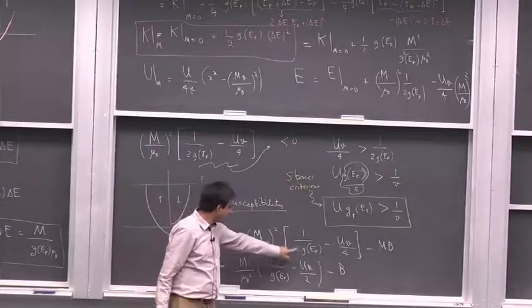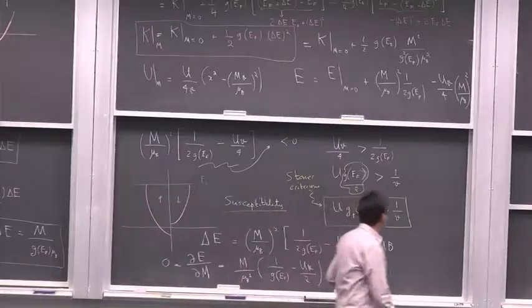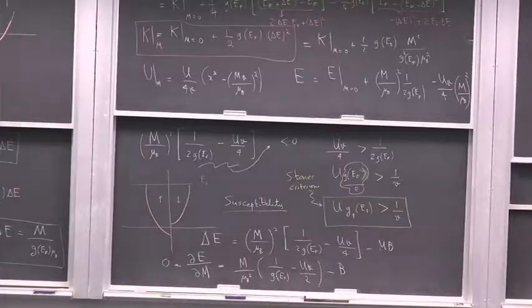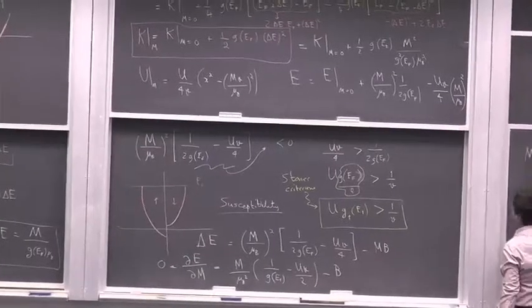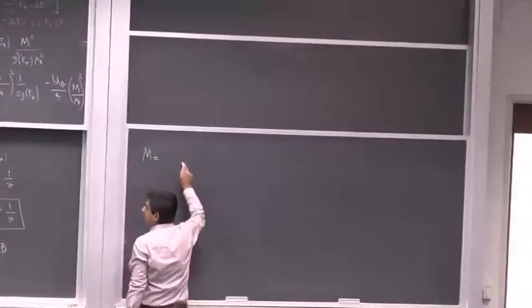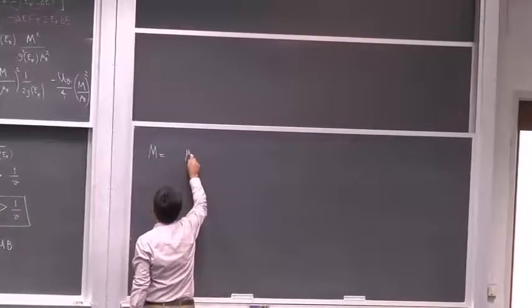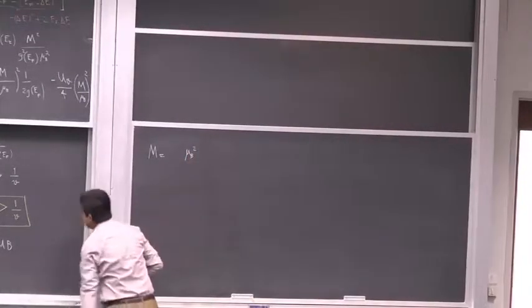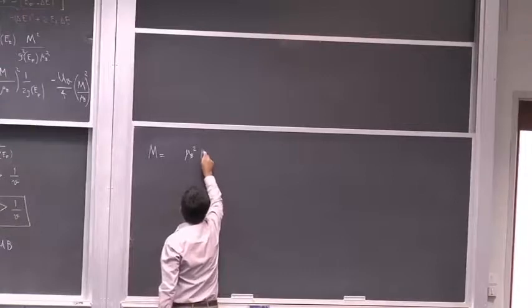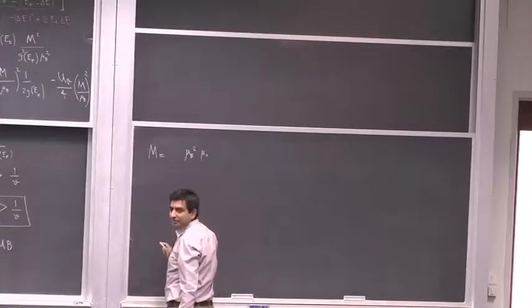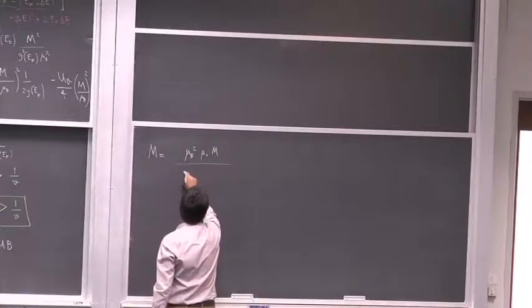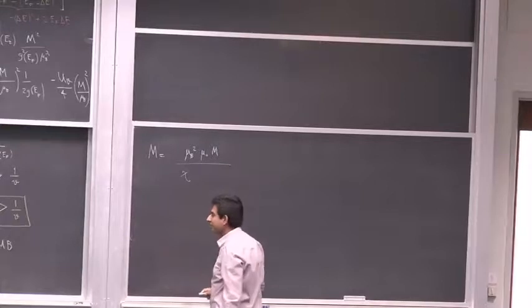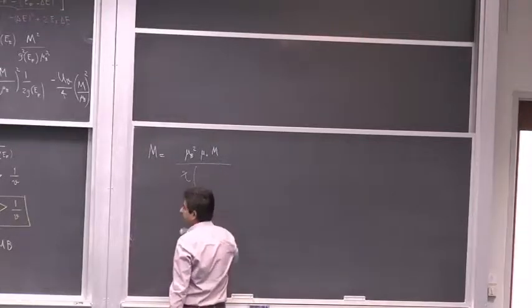If I do a little bit of algebra over here, I get M equals mu B squared, where B equals mu naught H, and H equals M over chi, the susceptibility.